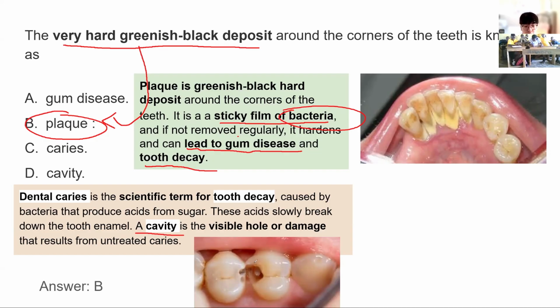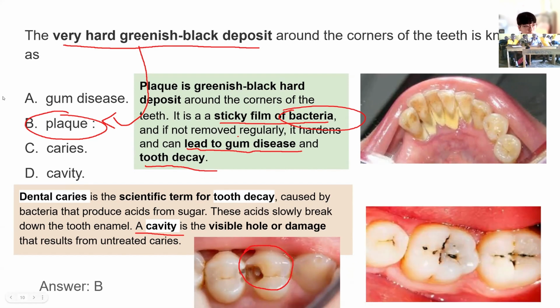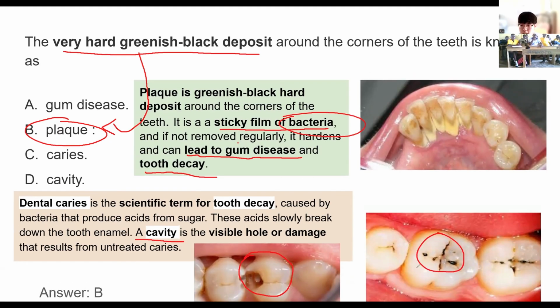A cavity is the visible hole or damage that results from caries. So this is a cavity. It's like when your tooth is being dug up and you can see this hole. That's a cavity. And things like these too, when the acids start degrading your teeth like this, starts breaking it down.